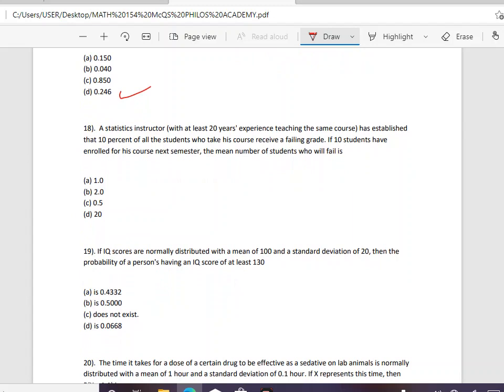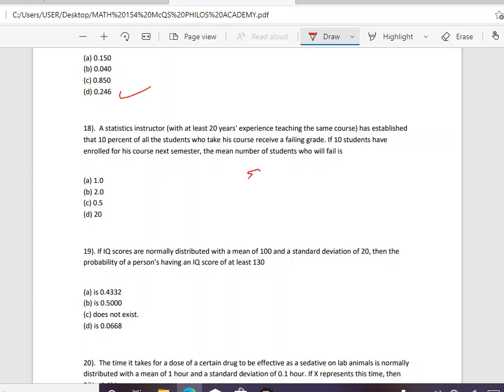So question 18. A statistics instructor, with at least 20 years of experience teaching the same course, has established that 10% of all students who take his course receive a failing grade. Now, if 10 students have enrolled for his course next semester, the mean number of students who will fail is, they want you to find the expected mean, okay?